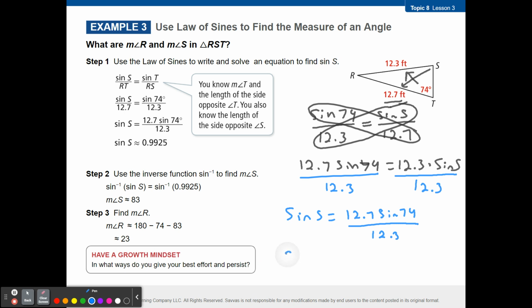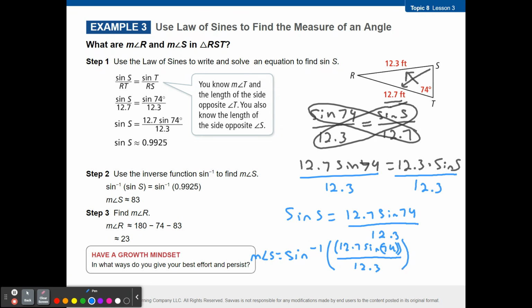You could do the sine inverse. So this will be the measure of angle S equals the sine inverse, open parenthesis, then another parenthesis, 12.7 sine of 74, close, divided by 12.3, and then close with another parenthesis.